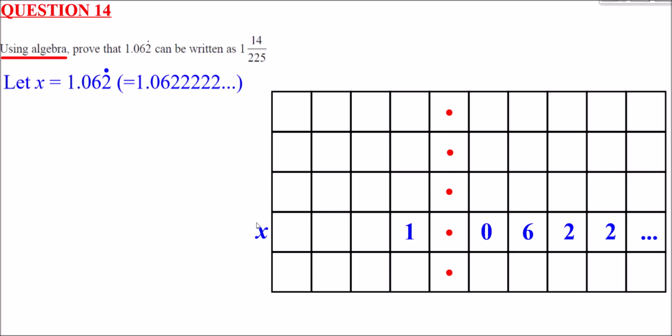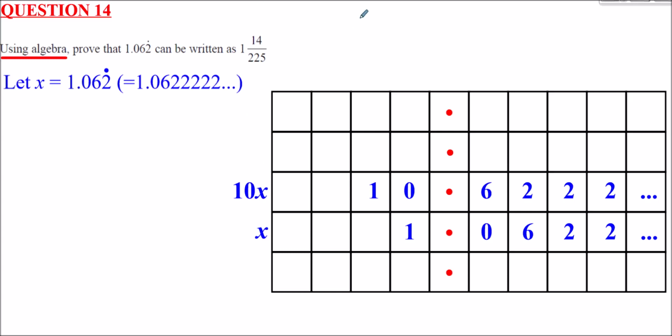So if I just write above here 10x, what will happen if you multiply by 10? All these digits will just move one box to the left. So this one will go here, that 0 will transfer over to where that 1 was above, basically something like this. And so 10x will just be 10.6222. Now actually what you could do if you wanted, just do 10x take away x.